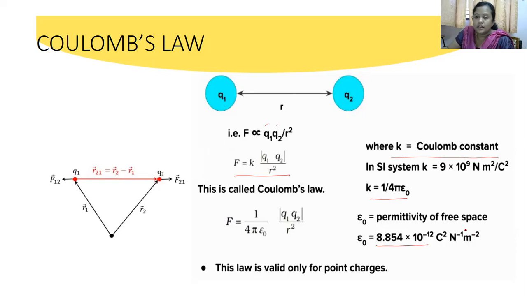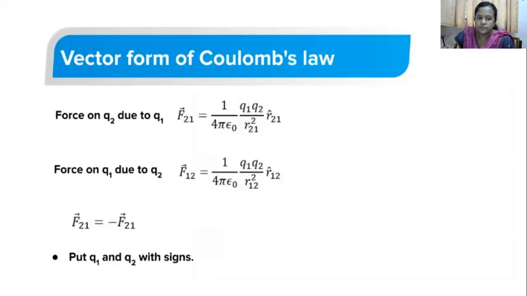This law is valid only for point charges. Since we know that force is a vector quantity, the Coulomb force is also a vector force, and this is the vector representation of Coulomb's law. So this is the force on Q2 due to Q1.